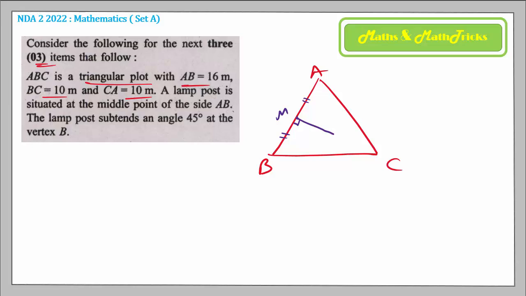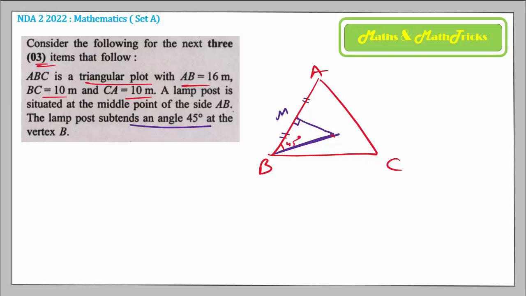Now they say that the top of the lamp post subtends an angle of 45 degrees at the vertex B.